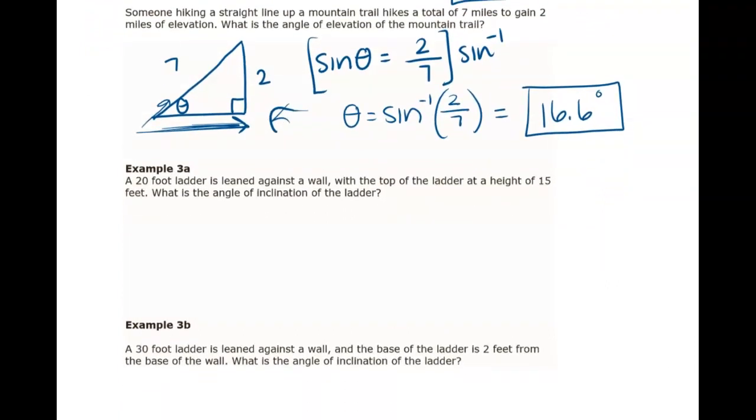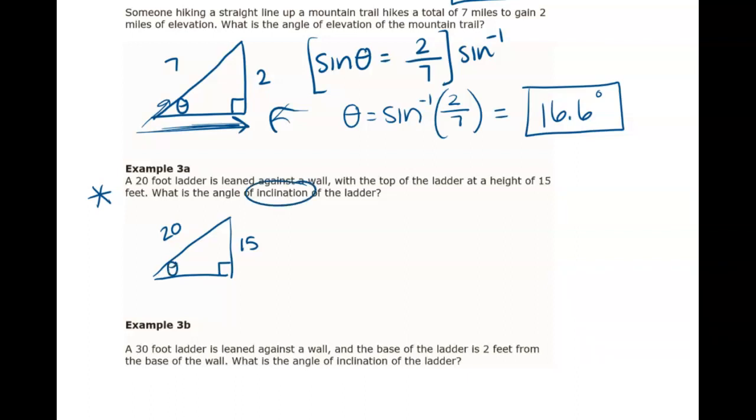Pause, try this problem. Come on back and I'll show you. Okay, I'm assuming you paused and did the problem. 20-foot ladder. Ladders are pretty common. Height of 15. Again, ladders are always leaning. They're not going to go straight up. We're assuming the wall has a right angle with the ground or it's a pretty badly built building. Angle of inclination is the same as elevation.